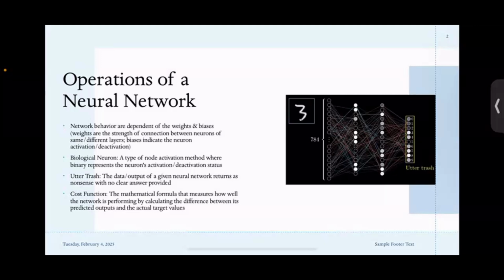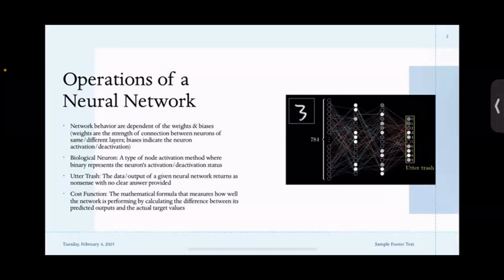However, with the neural network that we're currently working with, the neurons actually fluctuate in values between 0 and 1. So our neural network is not using biological neurons.